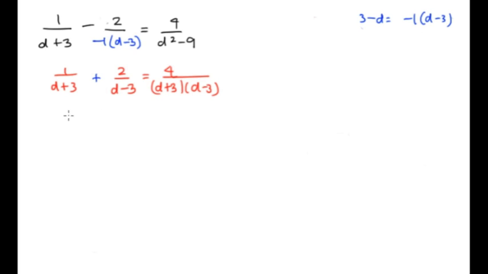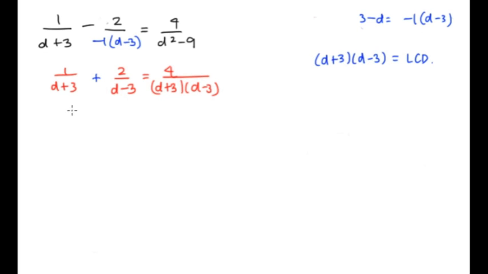Definitely not expressions. So we have to find an LCD here, and I think it's pretty evident that D plus 3 times D minus 3 is the least common denominator. So we have to make every fraction have the least common denominator. How do we do that? For the first fraction, we already have a D plus 3. What can we multiply this by to get D plus 3 times D minus 3?